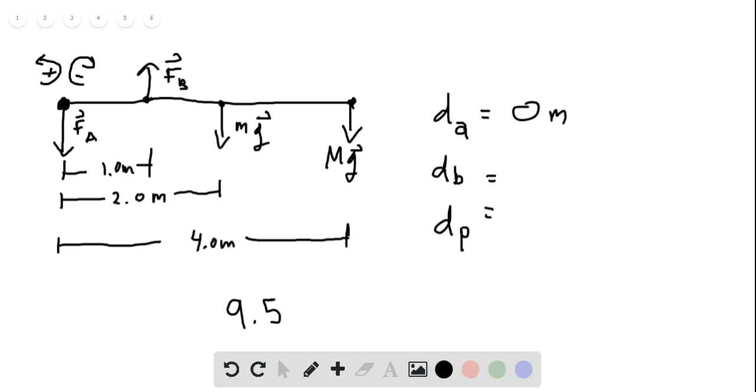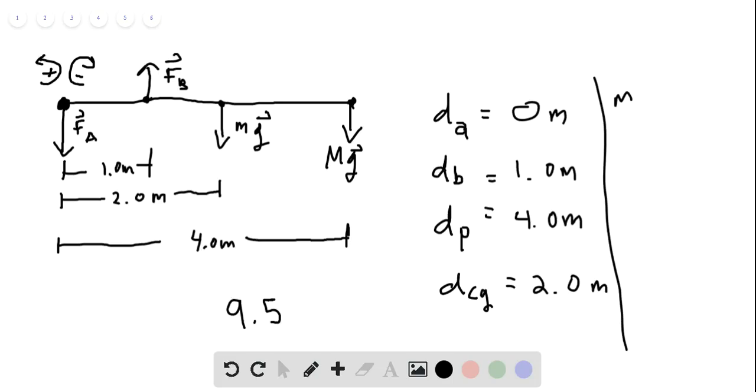So the distance to B is just going to be 1 meter, and the distance to the person is 4 meters, right? Now I could also have the distance to the center of gravity of the board, that is 2.0 meters, right? So these distances are going to be useful, but we should just get a lot of quantities out of the way.